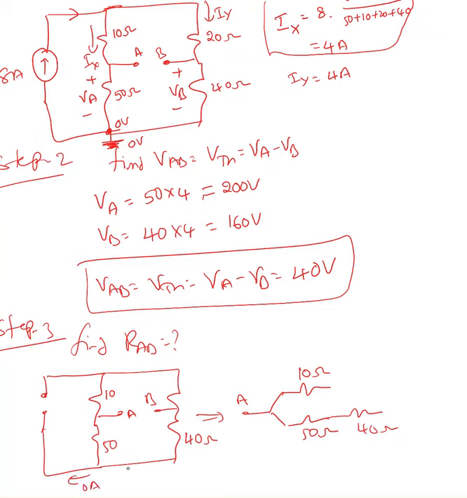So I can say 50 and 40 here, these two are in series. Same thing here, 10 and 20 are in series. So when I redraw the circuit, here is my A and B. So I can say 30 parallel with 90 ohm. That equal to 90 times 30 over 120.